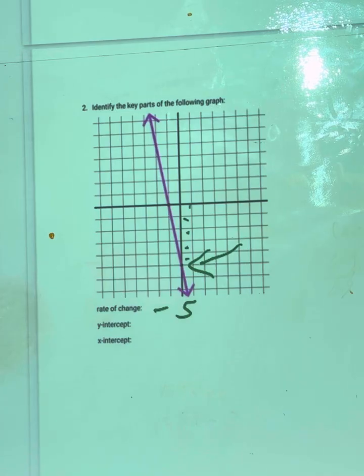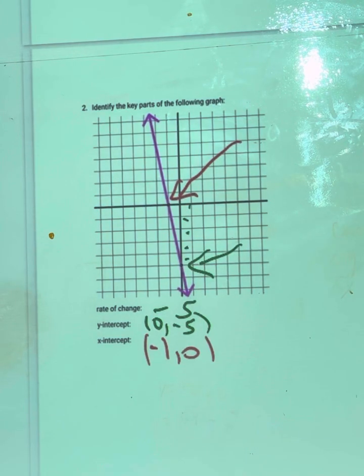Which is at -5. So I'm pretty sure -5 will still be accepted, but it's a good idea to go ahead and put an ordered pair. 0, -5. And then x-intercept is right there, which is at -1, 0. And guess what happens if you don't put the parentheses and you attempt to do an ordered pair? It will count wrong, yeah.